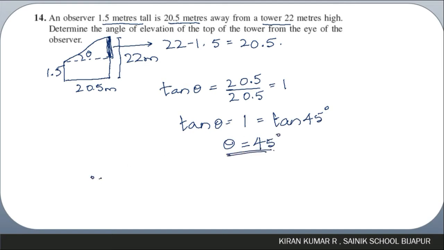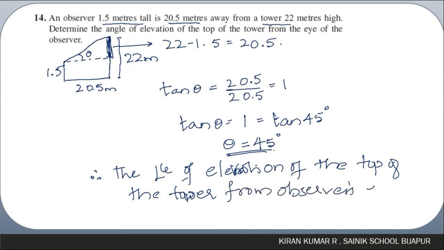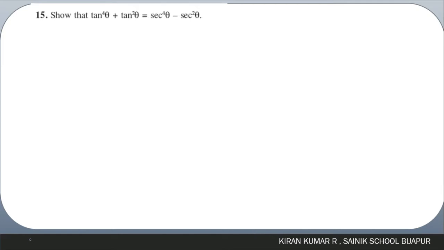Therefore, the angle of elevation of the top of the tower from the observer's eye is 45 degrees.